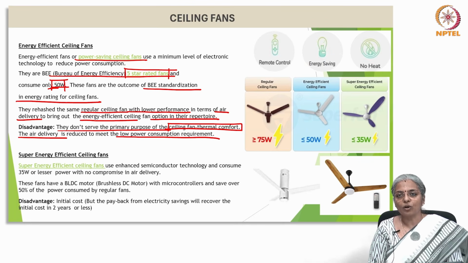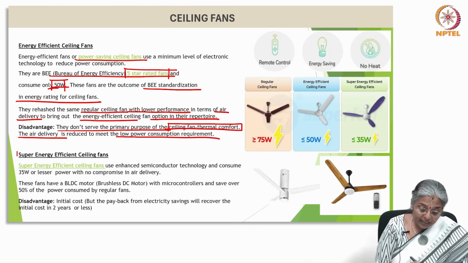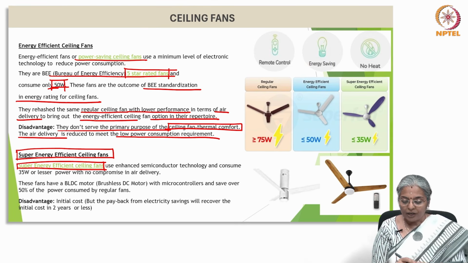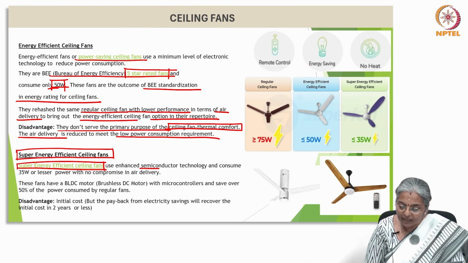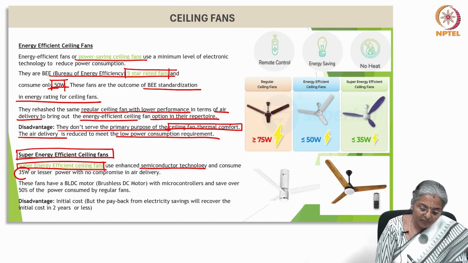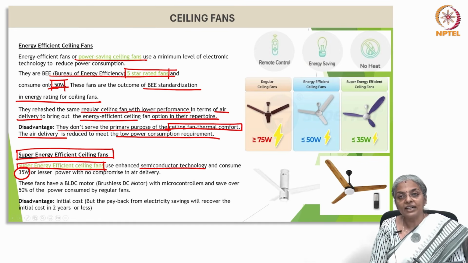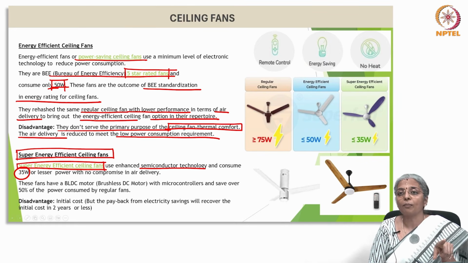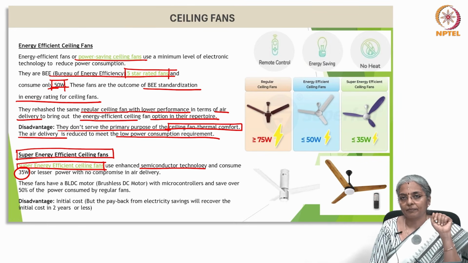Therefore, we have what is called as super energy efficient ceiling fans. So, super energy efficient ceiling fans are used with enhanced semiconductor technology, and they consume 35 watts or even less with no compromise in air delivery.